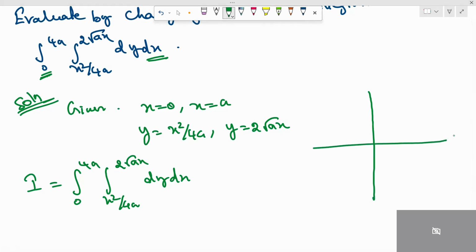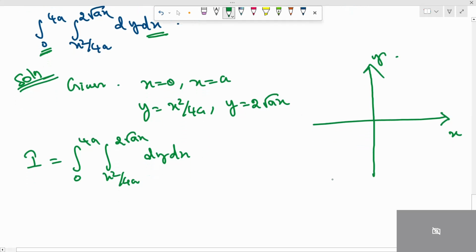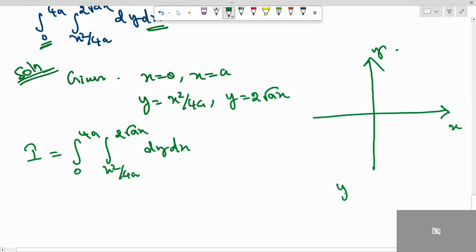The same problem we already solved in area under double integration. X axis, y axis. The first curve is y is equal to x square by 4a. Yes, we can write this in the form x square is equal to 4ay, parabola equation.